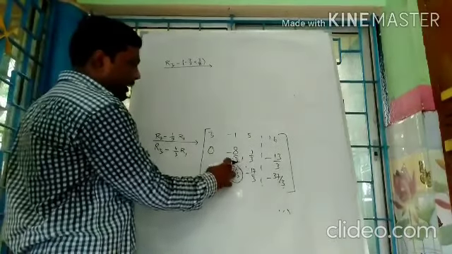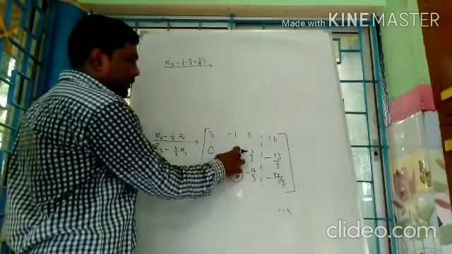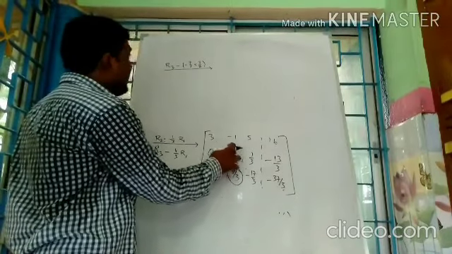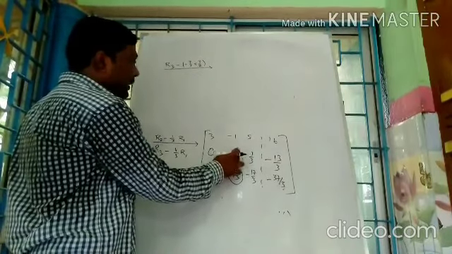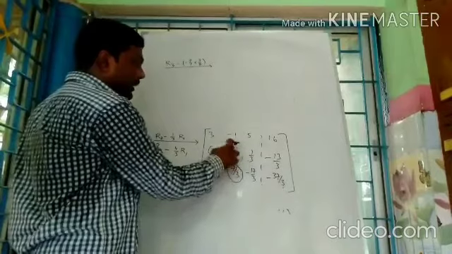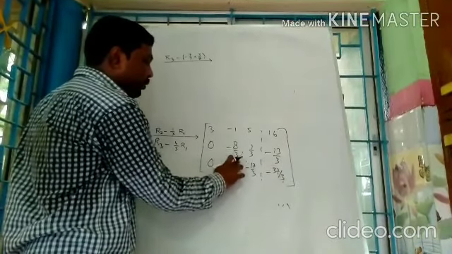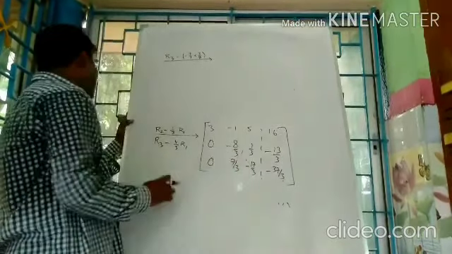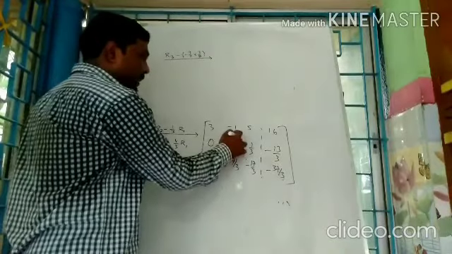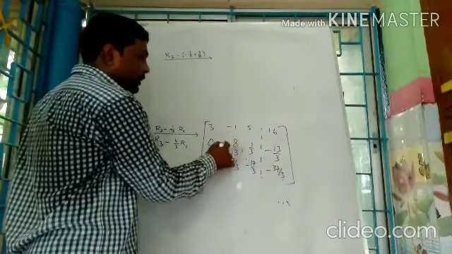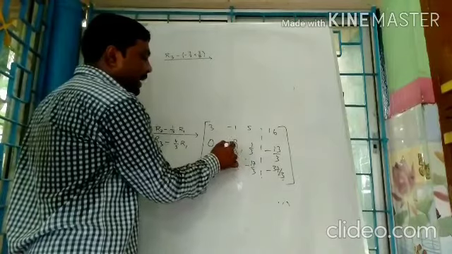So we have to make it 0 using this element. First divide this element by minus 8 by 3. We have to make this element 7 by 3 into 0 using this element minus 8 by 3. So divide this reduced second diagonal element by minus 8 by 3.